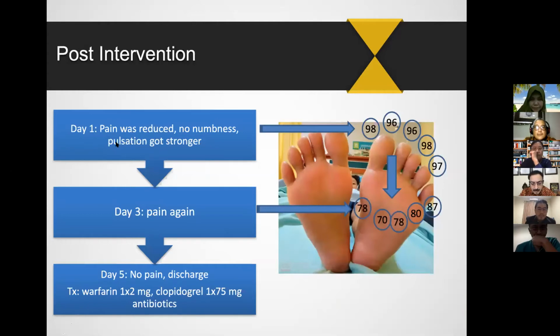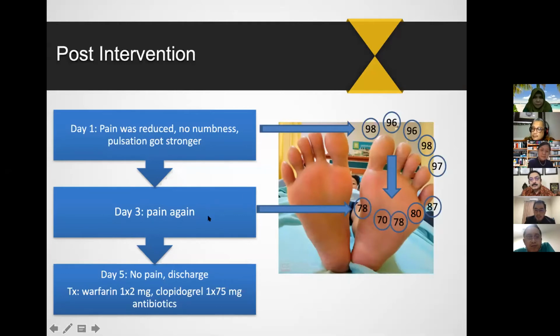On day one, the pain was reduced, the patient felt no numbness again, and the pulsation got stronger. We can see here that the saturation is good, around 96 to 98%. But unfortunately, on day 3, the pain appeared again and the saturation dropped to around 70%.